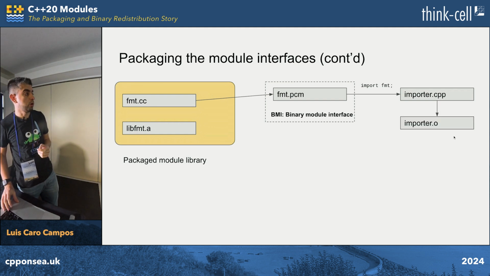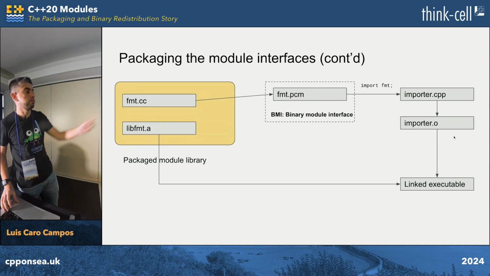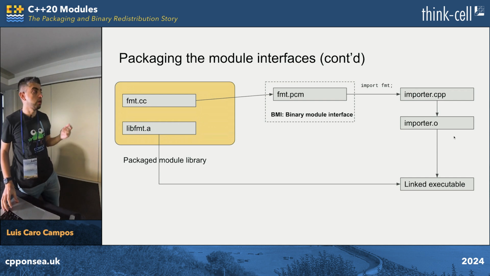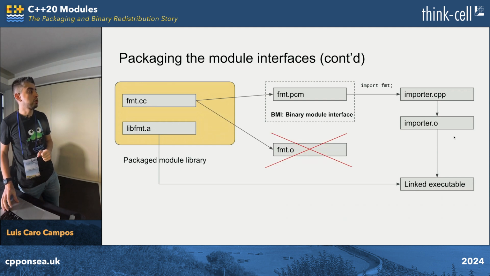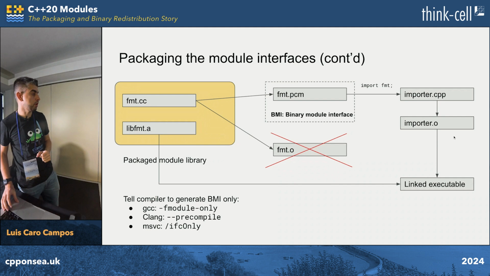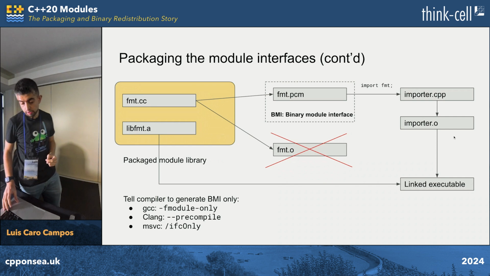It will generate importer.o, and then we will link against the FMT library, and this will work. This build order is implicit, and you don't have to do anything. The compiler is invoked in a way where we tell it there's no need to generate the object file, and those are the flags that CMake is going to add to the compiler when generating the BMI.